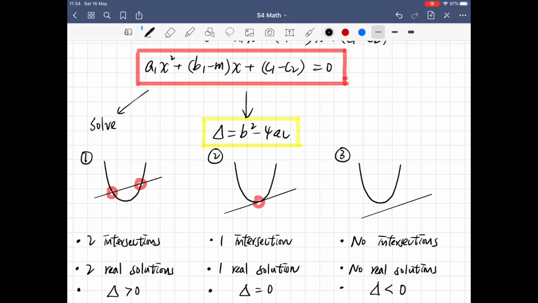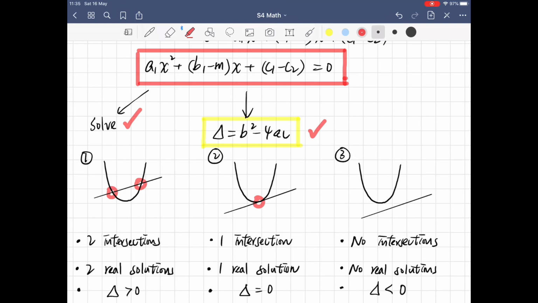Okay, so we can make the conclusion. If we combine these simultaneous equations, we can form a quadratic equation. For the first way, we can solve the quadratic equation to find the coordinates of intersections between the quadratic equation and the equation of the straight line. Also we can use delta to determine the number of intersections.